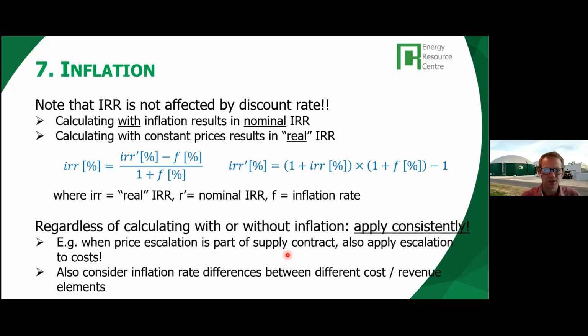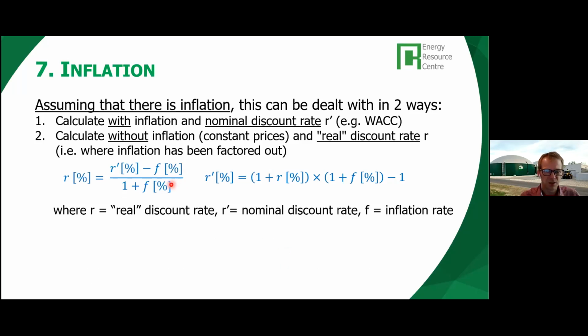And what this means, well, let's first have a look. Basically, you could say that the real rate, because the risk of lower future cash flows is lower, because we already took out the risk of inflation.